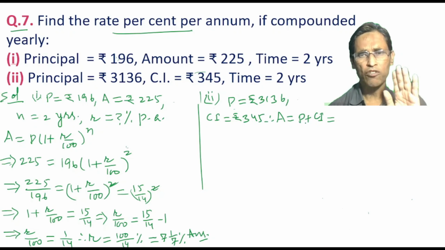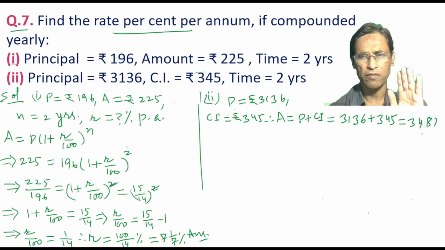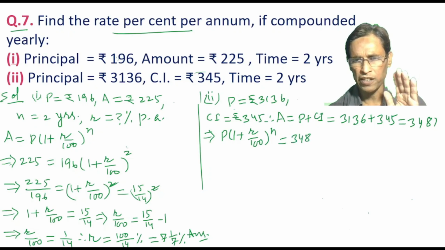Now putting the value of P and CI we get 3136 plus 345 equal to 3481. Now we have the amount as 3481 in rupees. P times (1 plus R by 100) to the power N, which will be equal to 3481.